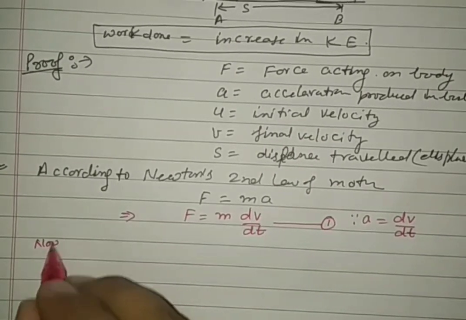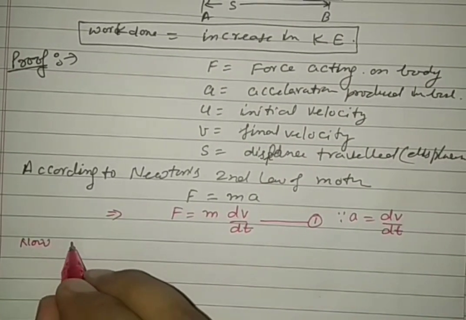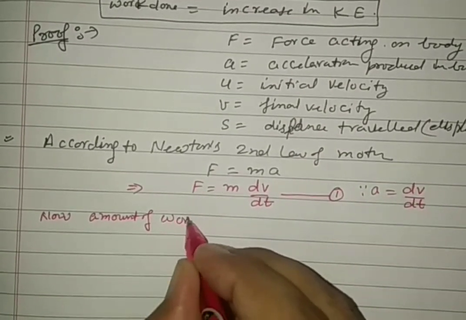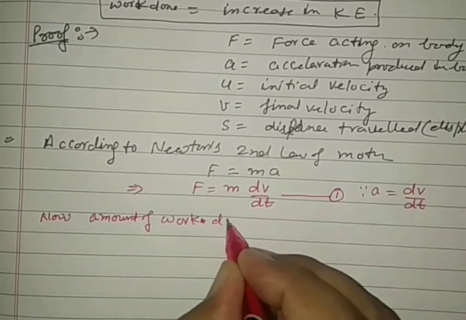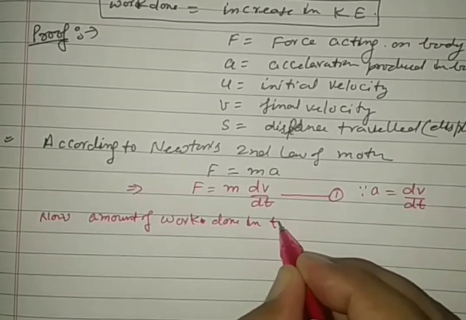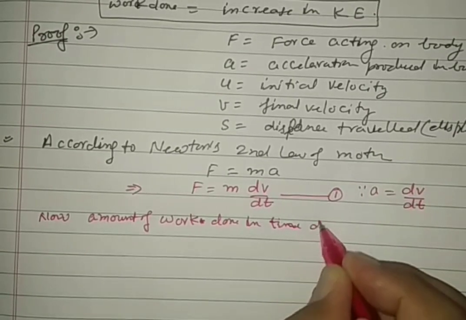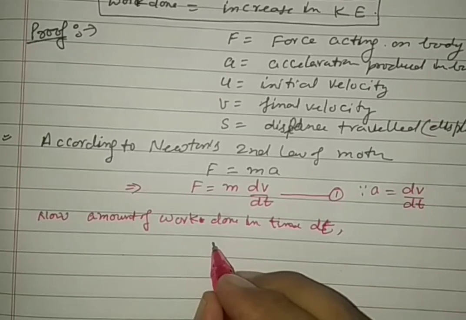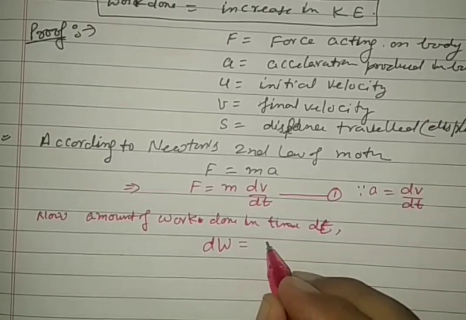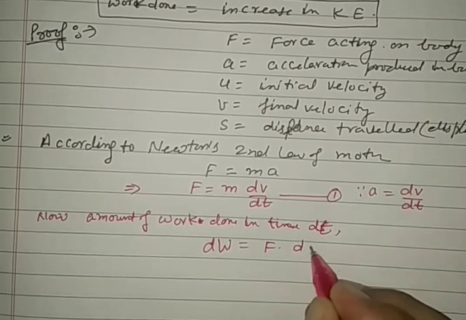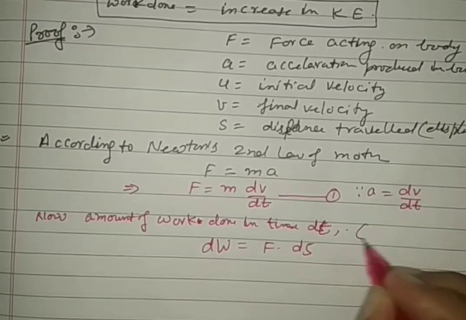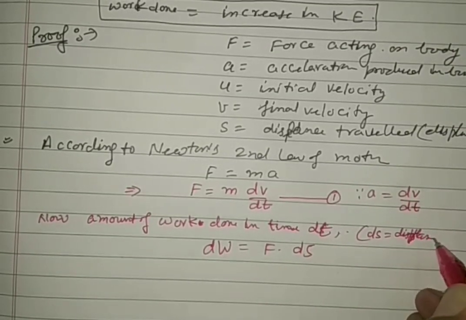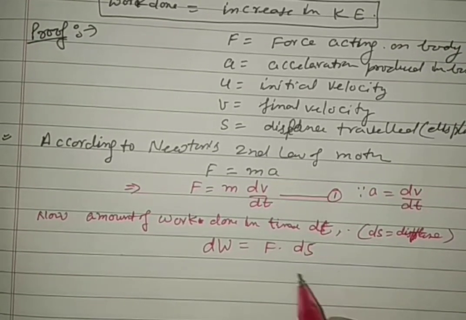Now the amount of work done in time dt is dW is equal to F ds, where ds is the distance traveled in dt time.